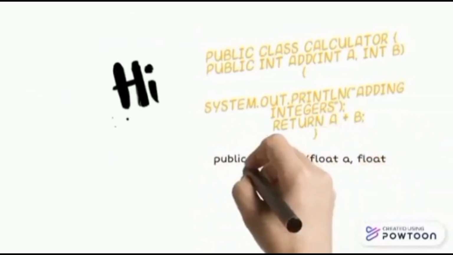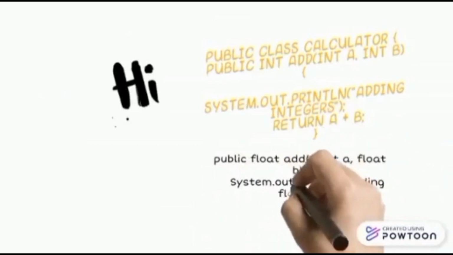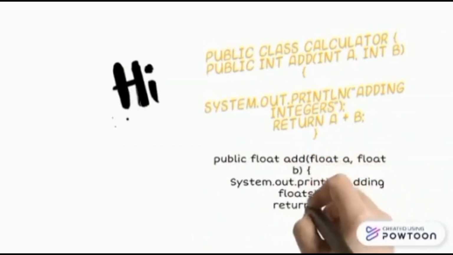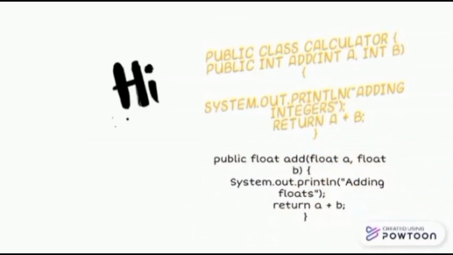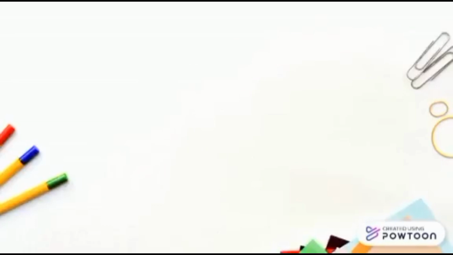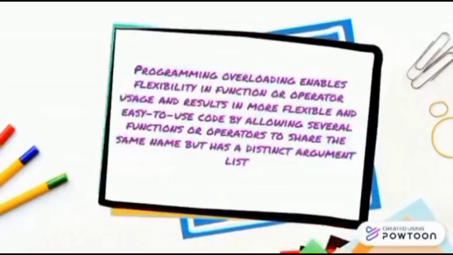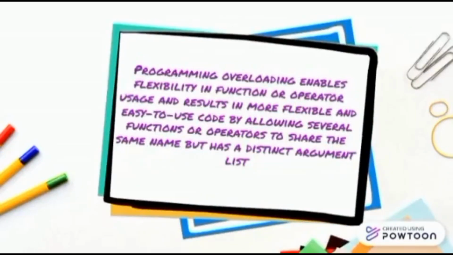The plus operator is overloaded in this instance to work with 3 different kinds of operands: string, float, and integers. Overloading enables flexibility in function or operator usage and results in more flexible and easy to use code by allowing several functions or operators to share the name but have distinct argument lists.